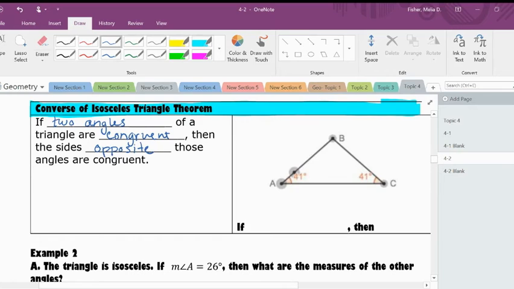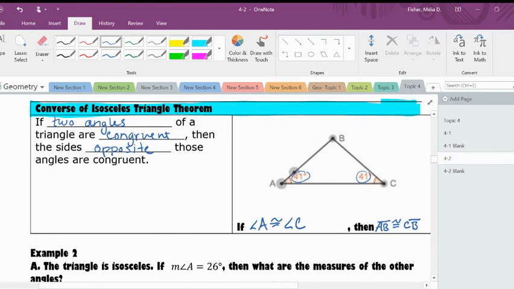This says if angle A is congruent to angle C, they're given 41, 41, those are congruent, then AB will be congruent to CB.